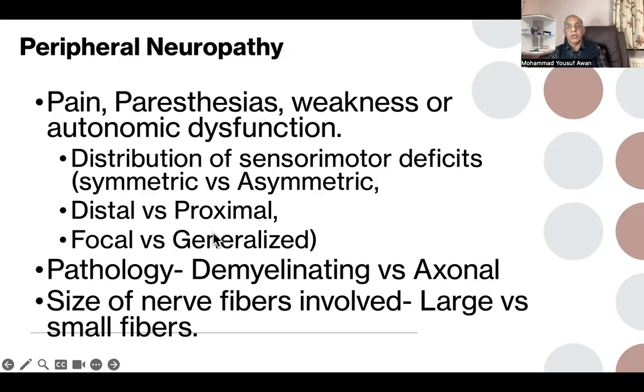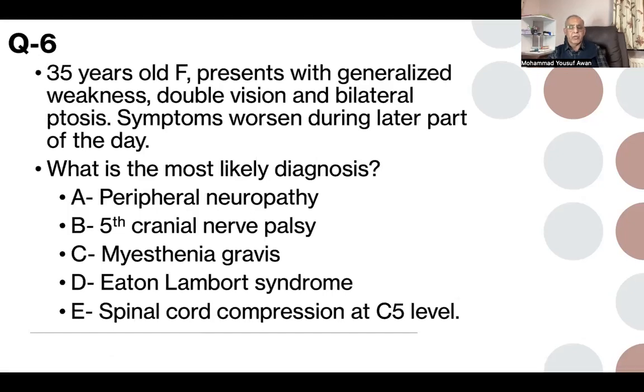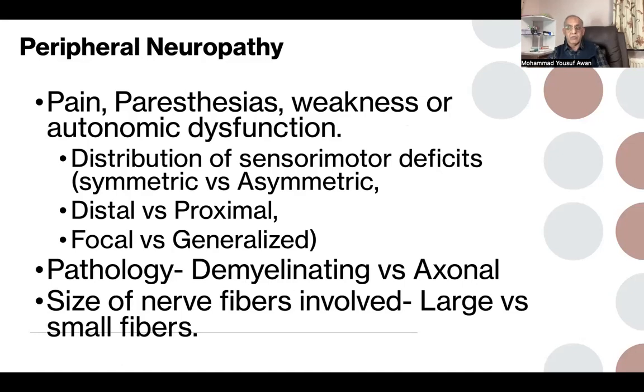It may be focal if one nerve is involved, or generalized if a systemic disease is involving most of the nerves in the body. The pathology could be either demyelinating or axonal damage to the peripheral nerves. The size of the nerve fiber involved, large versus small, is probably clinically difficult to differentiate. So those are the features of peripheral neuropathy, and usually we look for systemic causes.